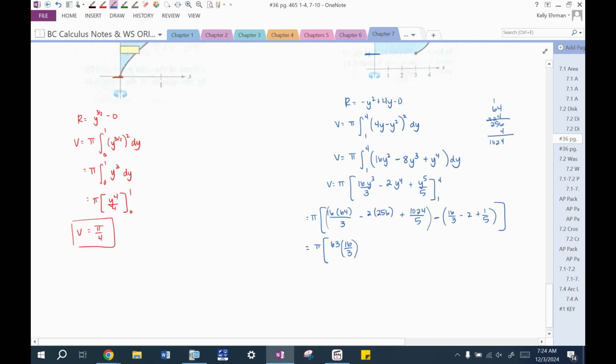Okay, and then minus 2 times 256 plus 2. So what is 256 times 2? That's 512. So negative 512 plus 2 is going to be negative 510. And then subtracting 1 from this, I get 1023 over 5.